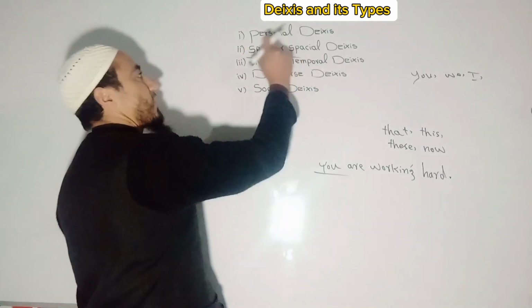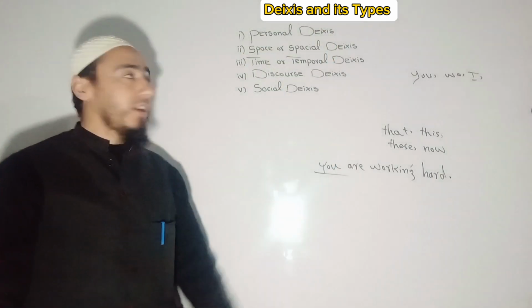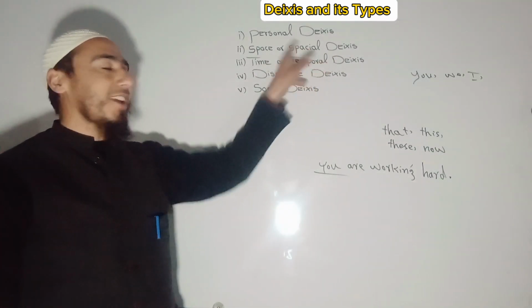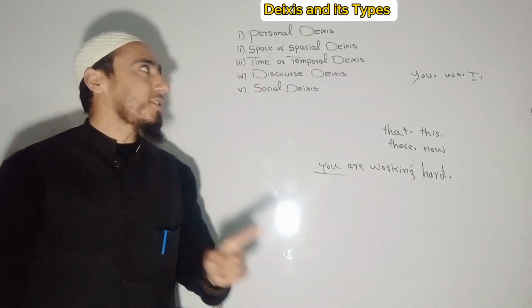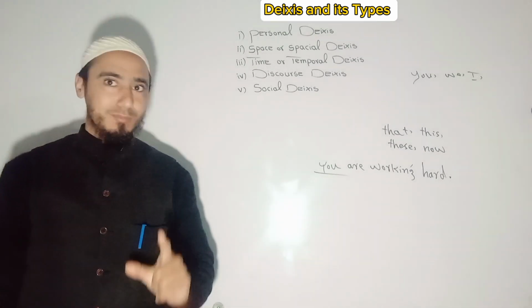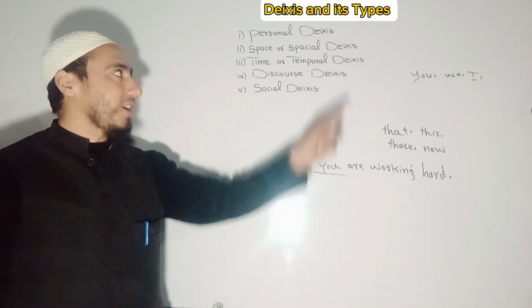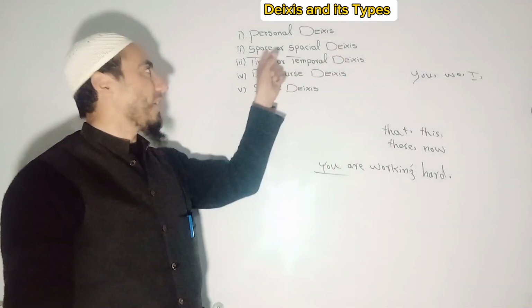The second type of deixis is space or spatial deixis. Sometimes it can be written with a T. This C can be written with a T, but the pronunciation is the same. So space or spatial deixis refers to any expression or linguistic form that points or indicates what?